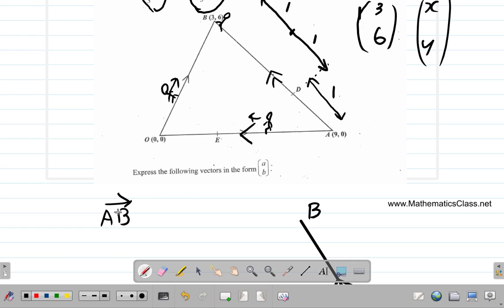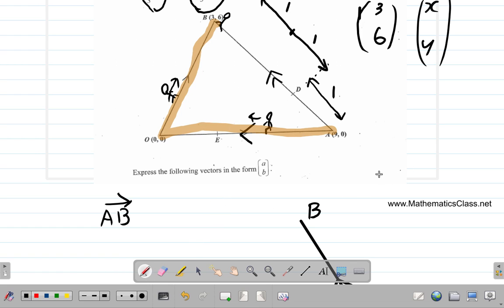The resultant is AB because that is what you want. If you walk from A to B, you end up right here. However, you could end up the same place by walking A to O, turn the corner, then walk O to B. You see that?